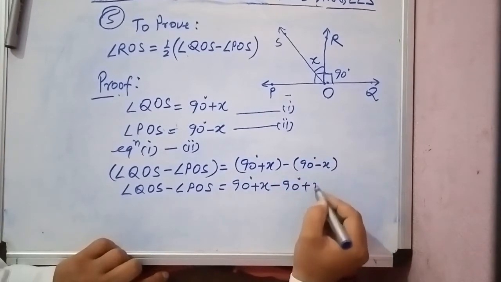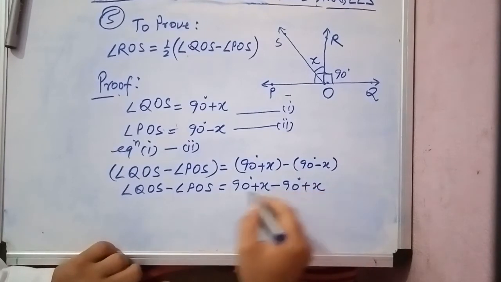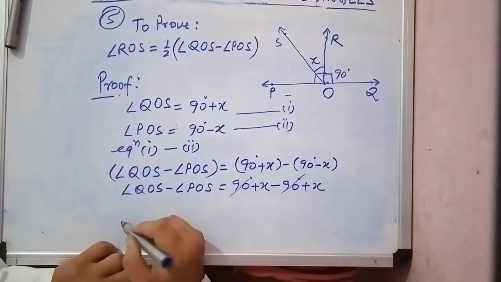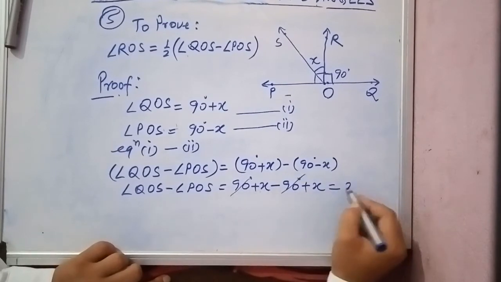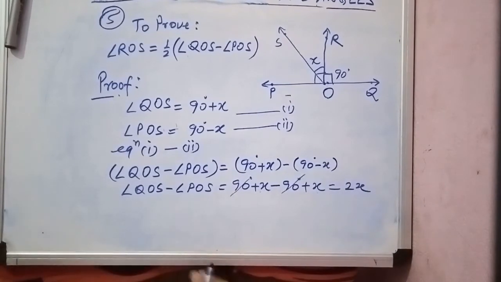So positive 90 and negative 90 cancel out, and we get X plus X, that is 2X.